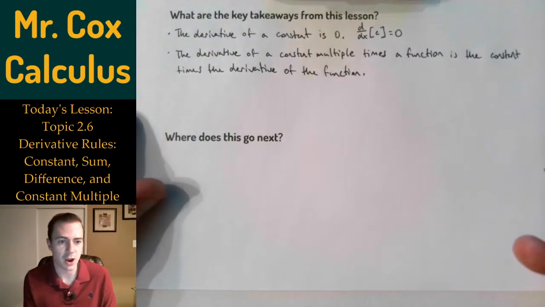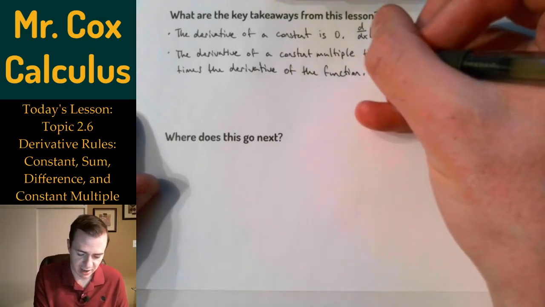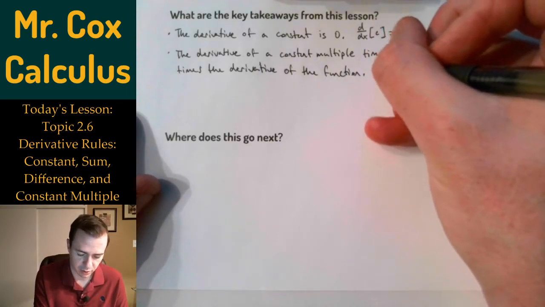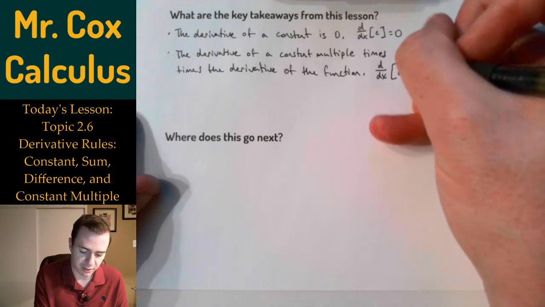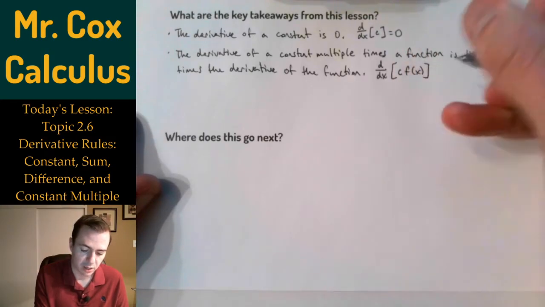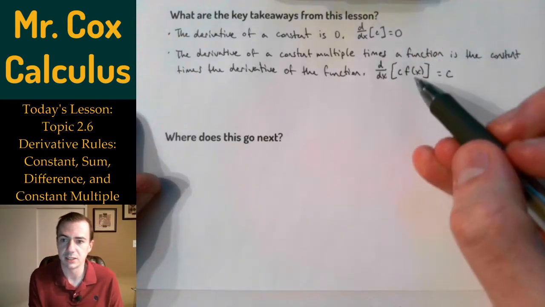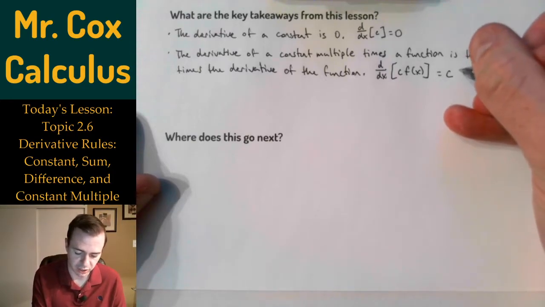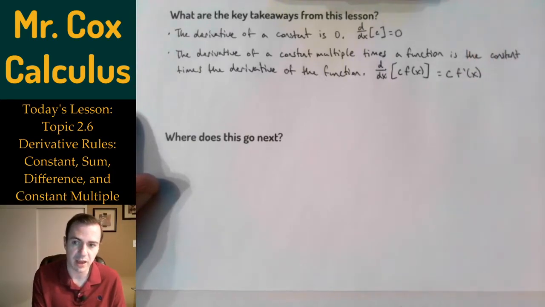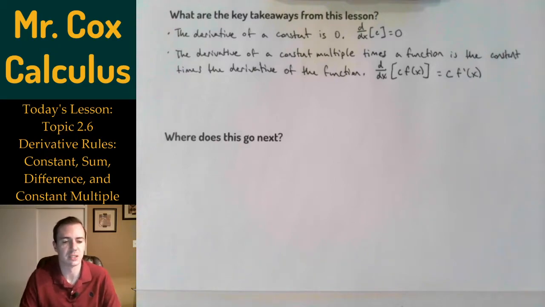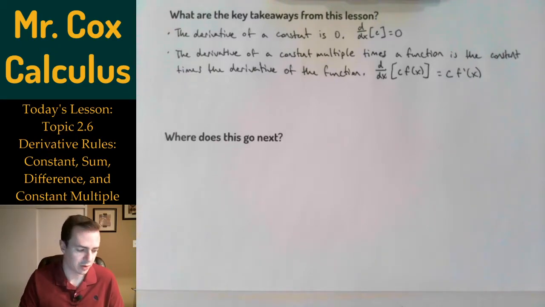Or to apply our notation to that, if I take the derivative of a constant times a function, it is equal to the constant times the derivative of the function, f prime of x. And you saw with some coefficients that that's actually a pretty easy thing to take the derivative of.